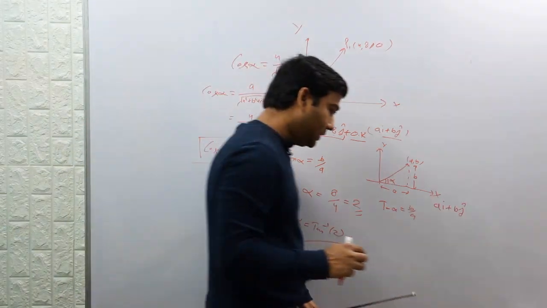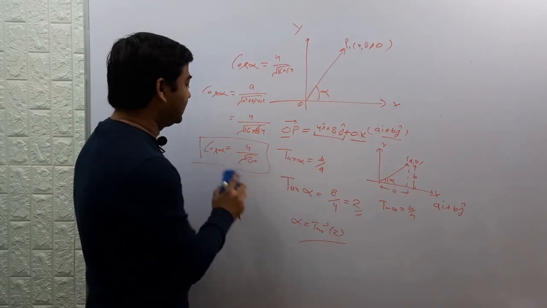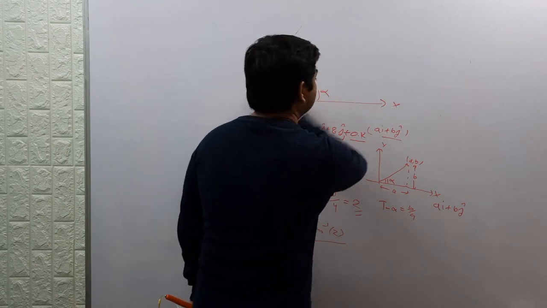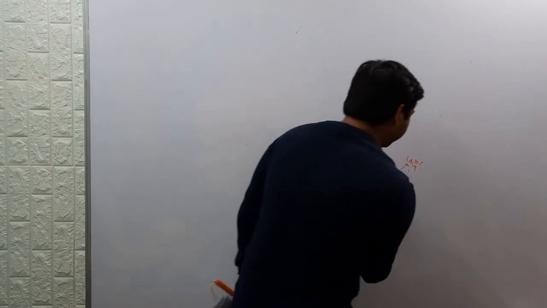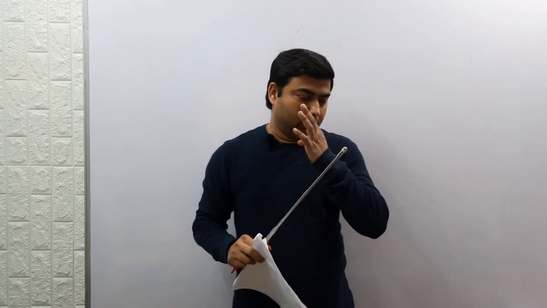So tan alpha is frequently used to find the direction of a given vector from the x-axis, y-axis. You can easily use that formula. So now we have discussed how a vector is represented in the Cartesian coordinate system.